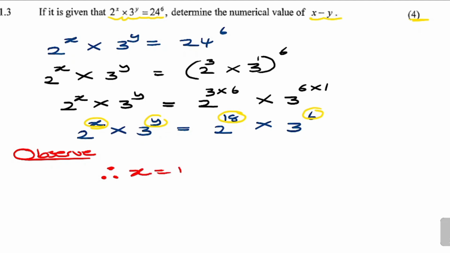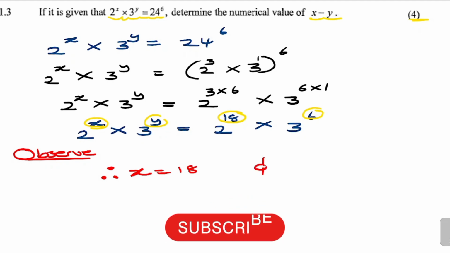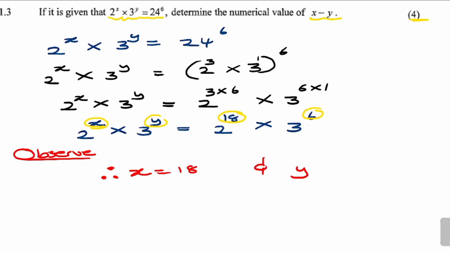You can't just say I'm dropping the bases, because it wouldn't make sense. You don't know if you're adding x plus y or you're saying x times y. So you don't drop the bases. You just write what you are seeing. Over here, what you can tell is that x is equal to 18 and y is going to be equal to 6, right? Okay, let me just write a 6 over there. y is equal to 6, right?